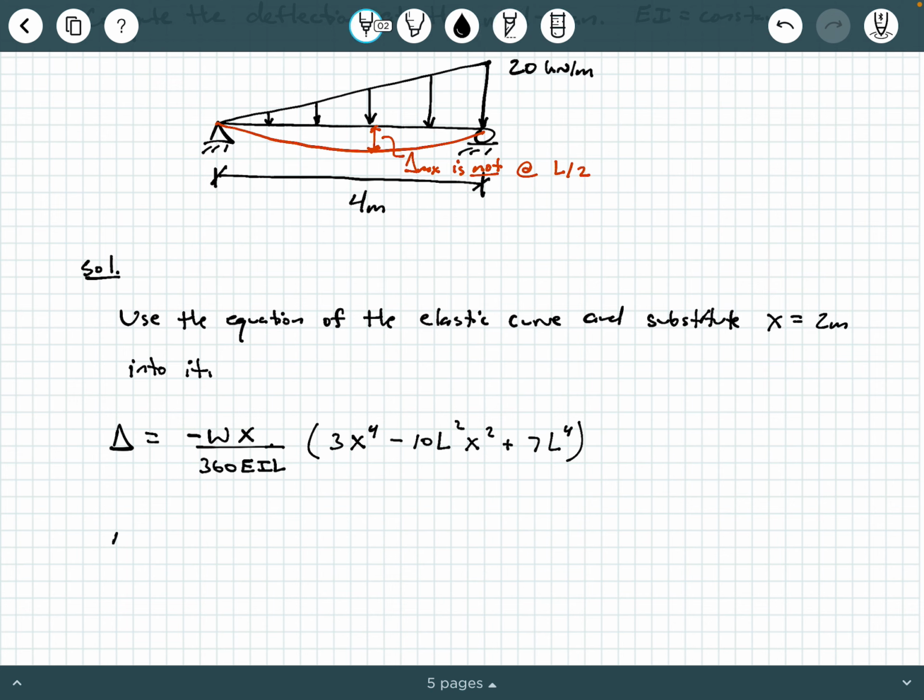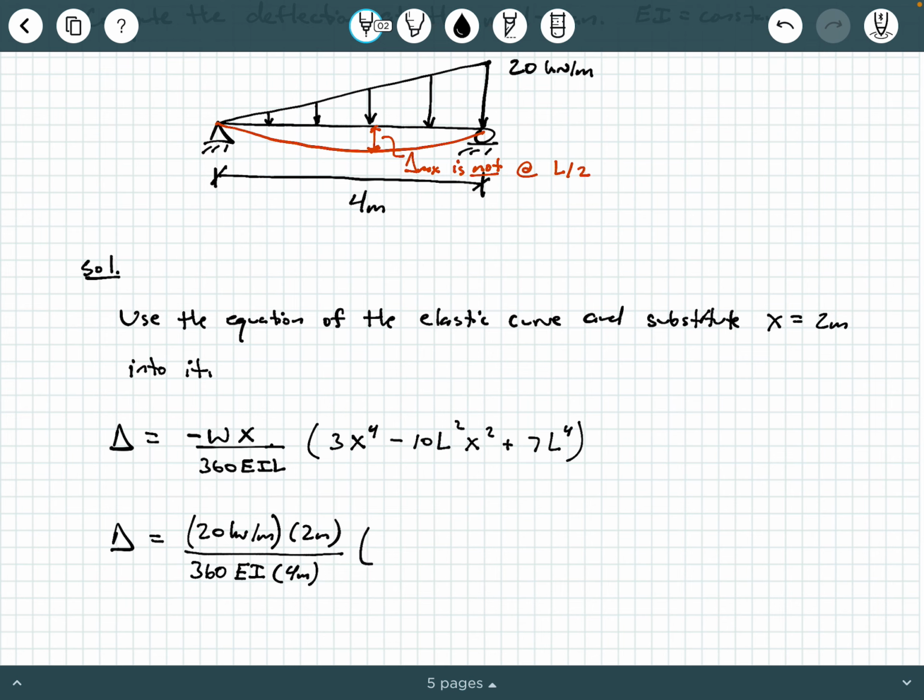So what we're going to do is substitute in x equals 2 here. I'm going to say delta equals, and I'm going to substitute in 20 kilonewtons per meter times 2 meters divided by 360 EI, and then L is the total of 4 meters.